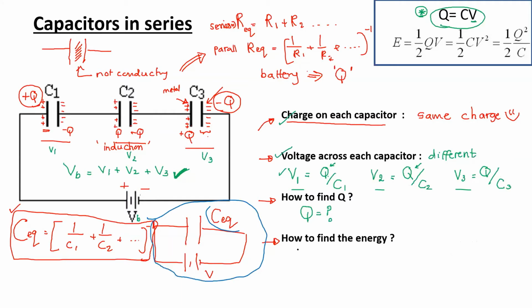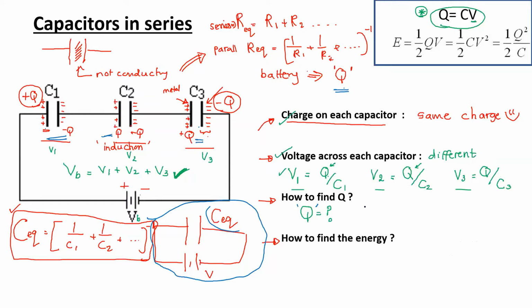So if we use this circuit to find the charge given by the battery, we know it will be the same in all the capacitors, because the charge given out by the battery is the exact same thing as the charge in all the capacitors, right? All the capacitors have the same charge.